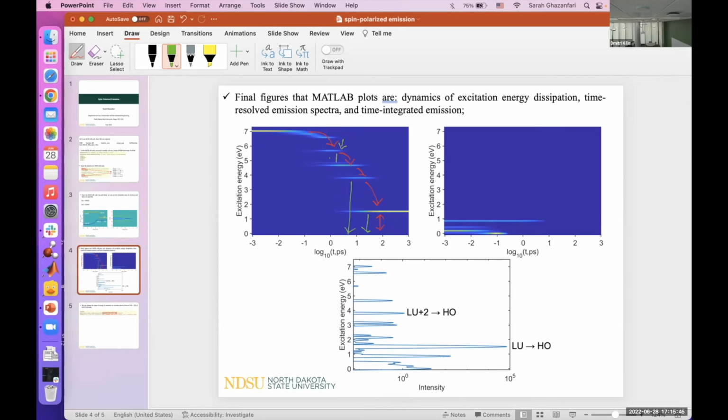So if you go between individual electronic orbitals in a radiative way, then the transition energies of these little processes will be below the gap. Sarah, would you approve? Yeah. Okay, so this question is done.